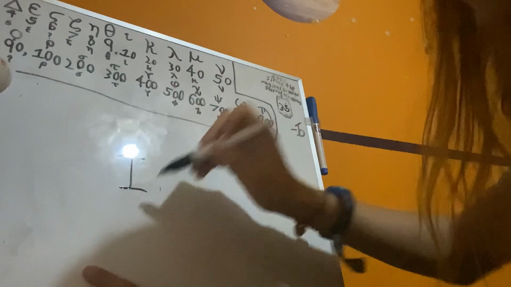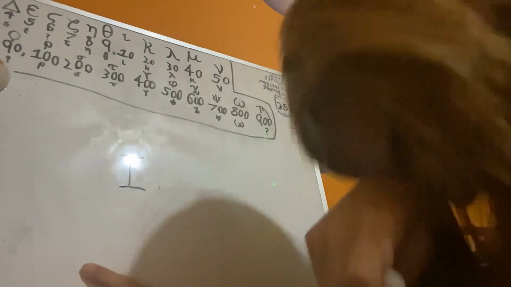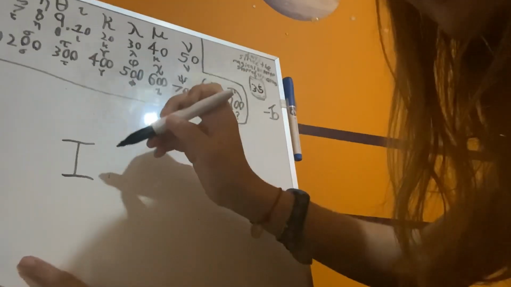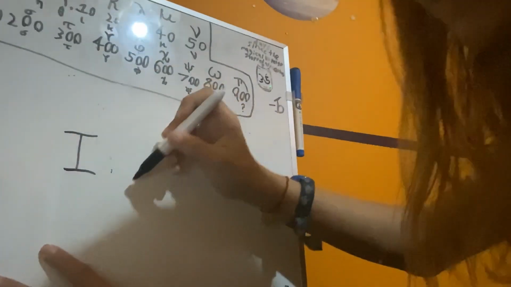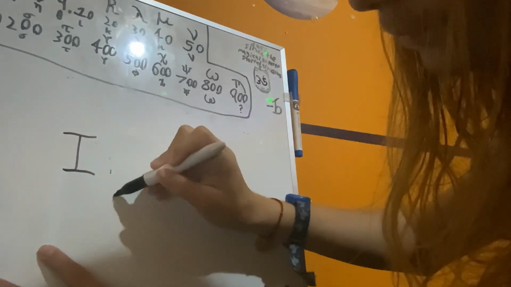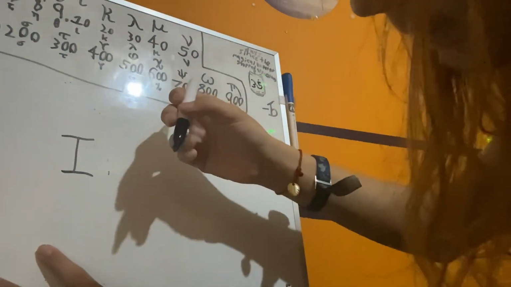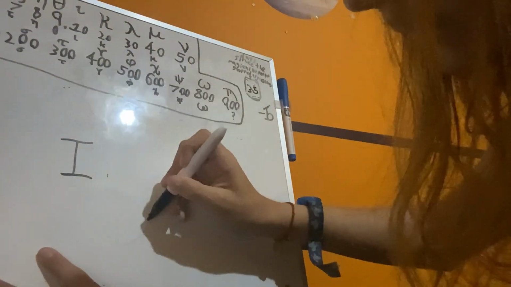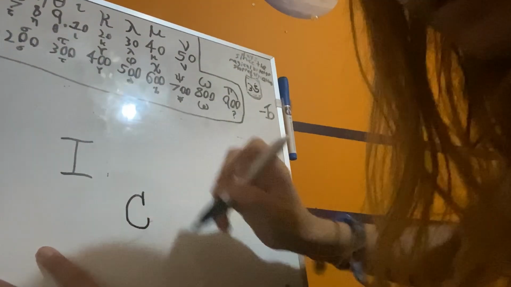H. I feel like the only reason we write it like this is, how do you write a C? Damn. You probably don't write it like this.